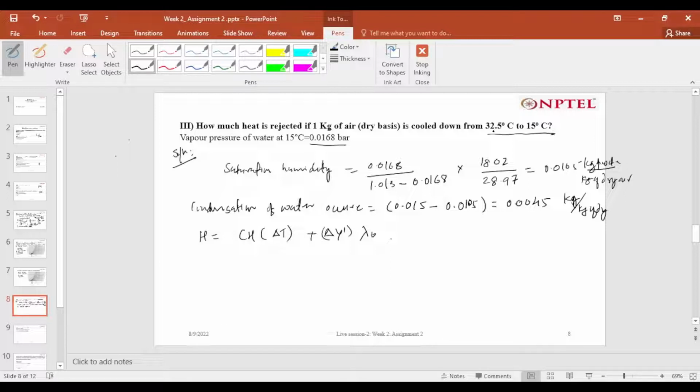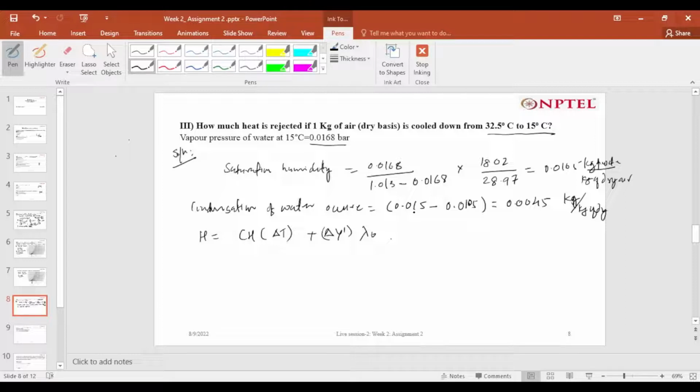How much condensation of water occurs is found by taking the difference: initial 0.015 minus saturation humidity gives the value of condensation of water.